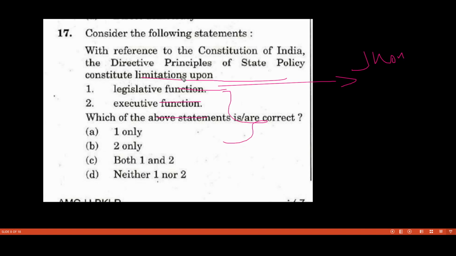But then there was a lot of discussion in different forums, and some coaching institutes also gave the answer that it constitutes a limitation upon it. But when the final answer keys came, it was neither one nor two.